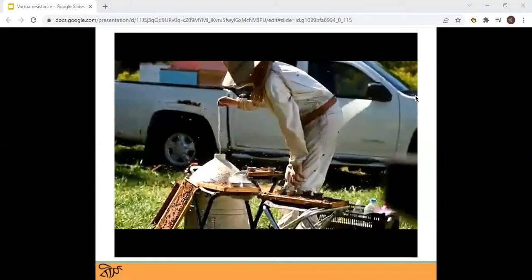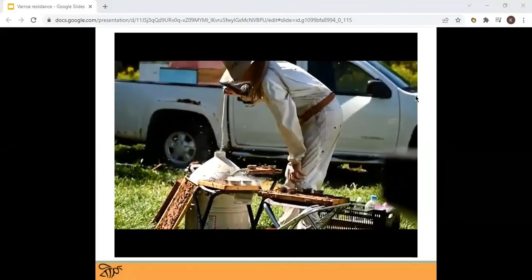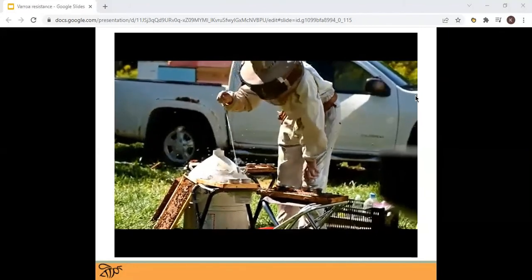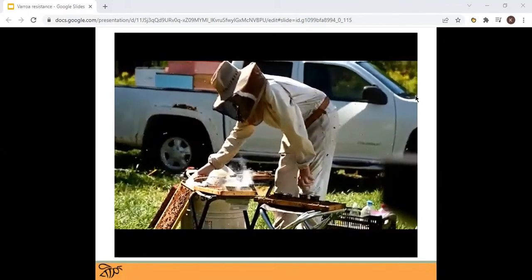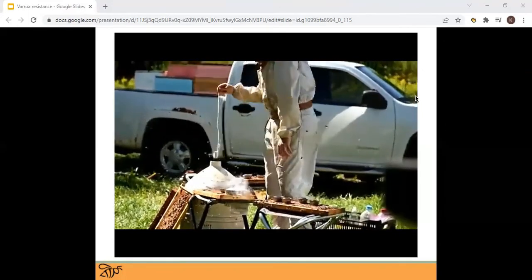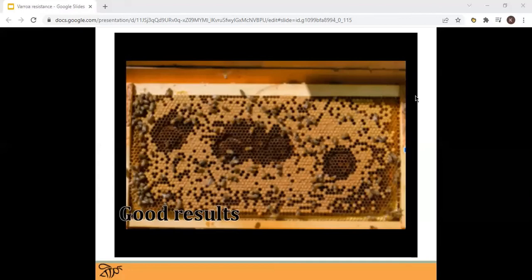You can cut out a section and freeze it in your freezer, but when we're doing this in the field, liquid nitrogen is the easiest and fastest way to go about it. After that, the frame has been tested, it is returned to the colony for 24 hours and left alone. The colony should be left alone for that 24-hour period, and then we come back and check results.